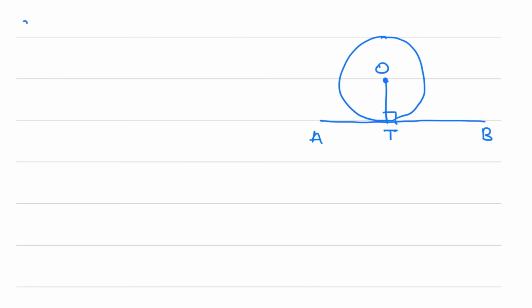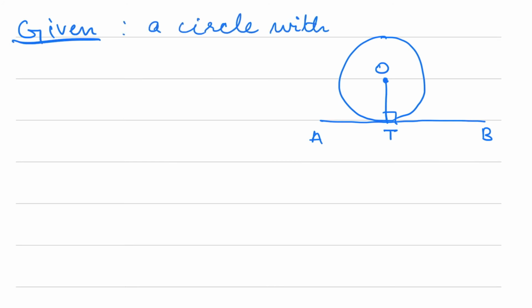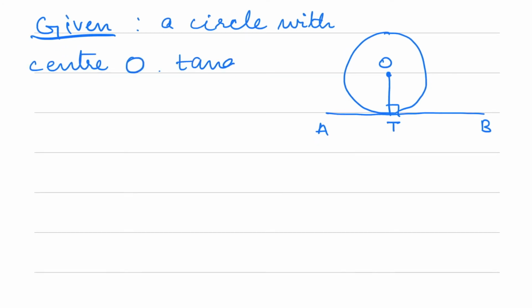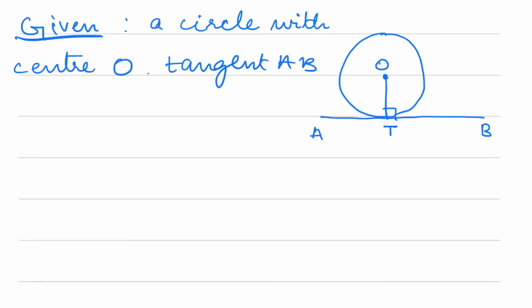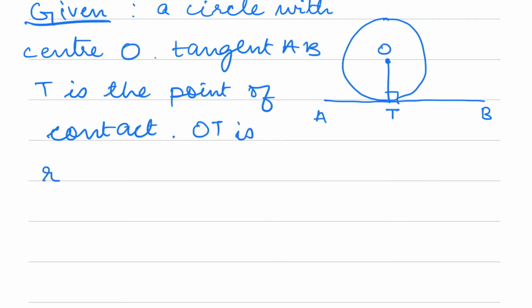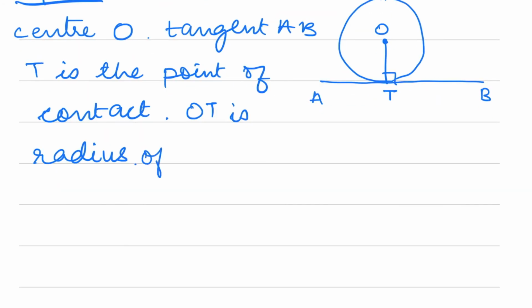So what we are given here is a circle with center O, tangent AB, T is the point of contact, OT is radius of the circle. Okay, so this all is given.